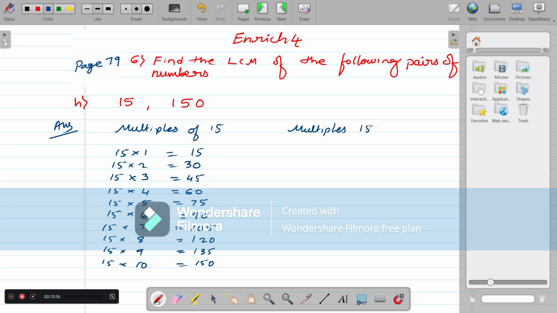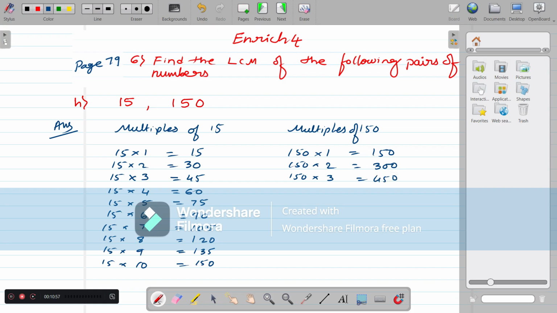150 into 1 is equal to 150. 150 into 2 is equal to 300. 150 into 3 is equal to 450.